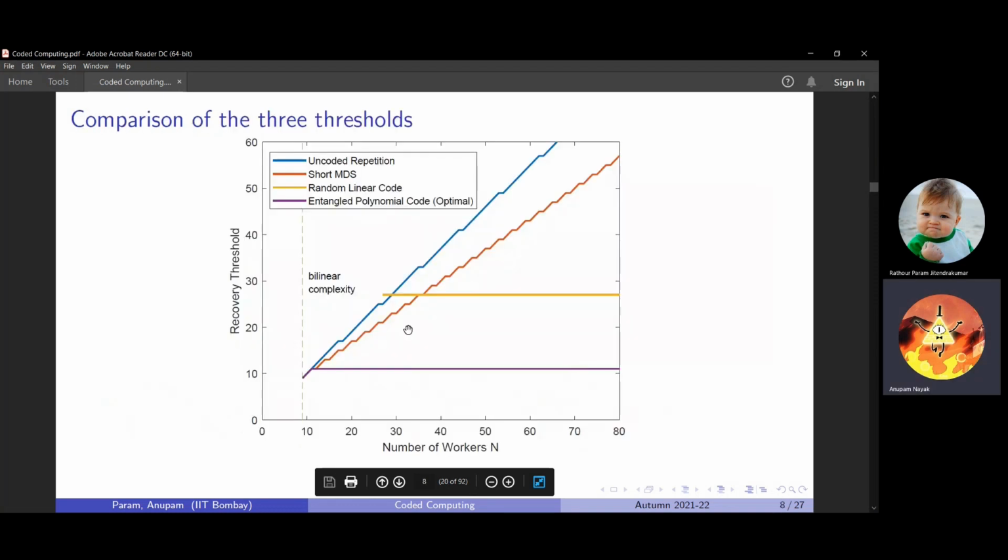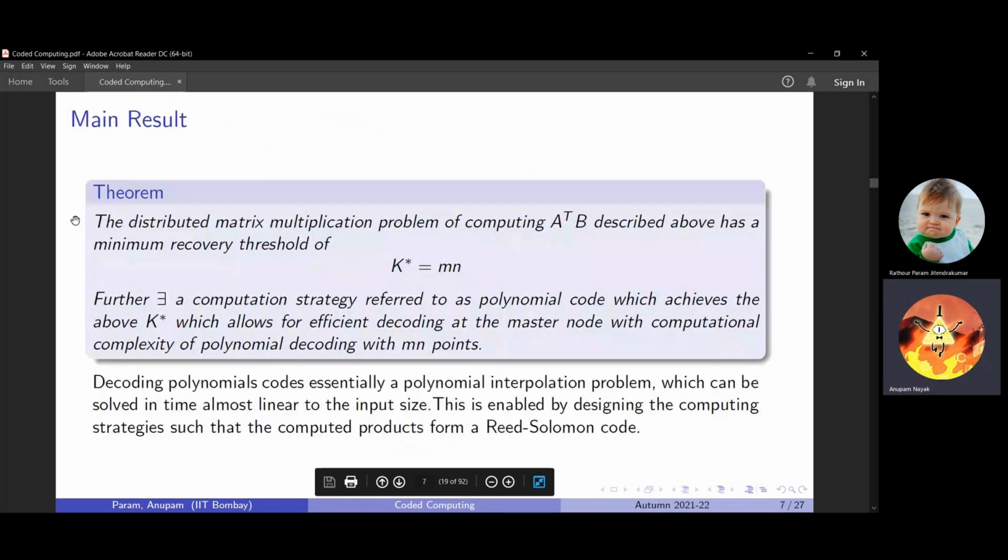The main result of the paper I have surveyed is that the optimum threshold for matrix multiplication is m into n. This is not the capital N, this is the n as in the fraction of B that is available to each worker.